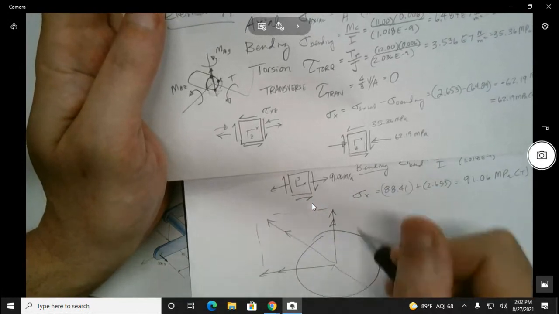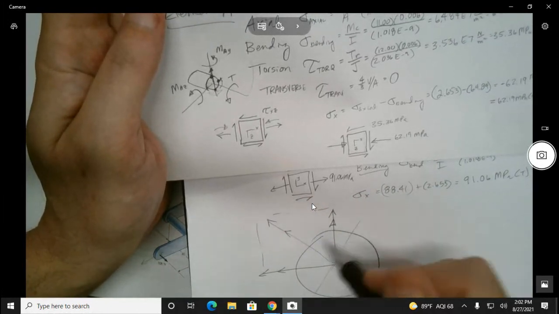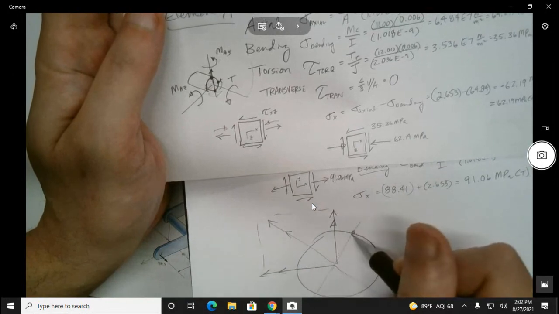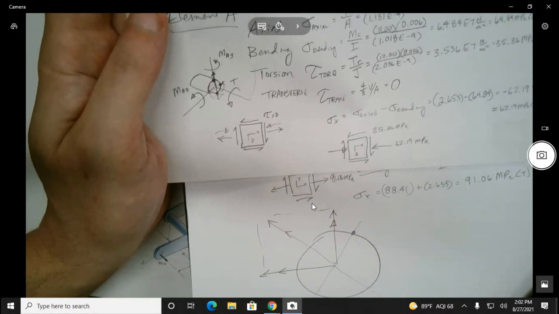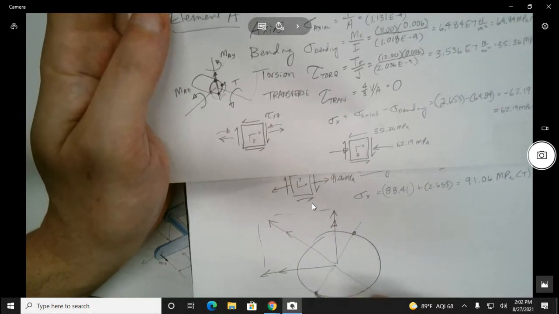Yeah, but the problem that I have now is that if that's true, this is where the tension is going to be. No, that's where the compression is going to be, excuse me. And this is where the tension is going to be.